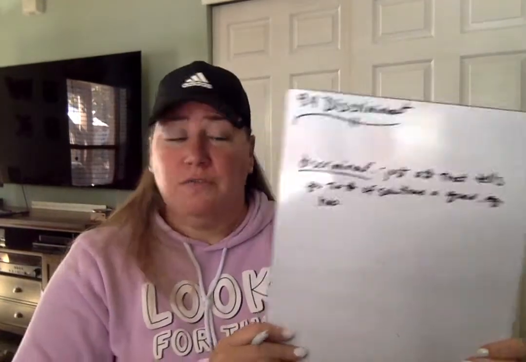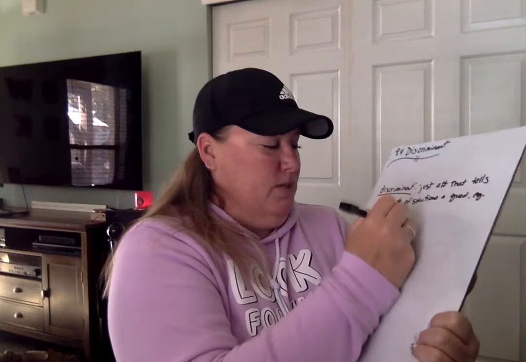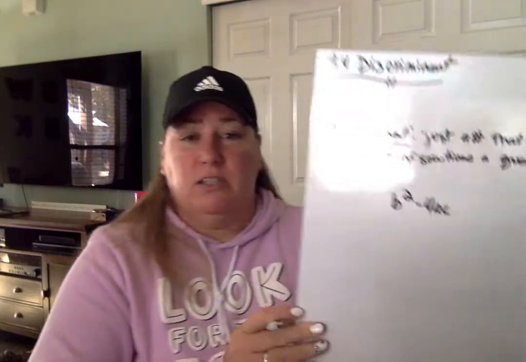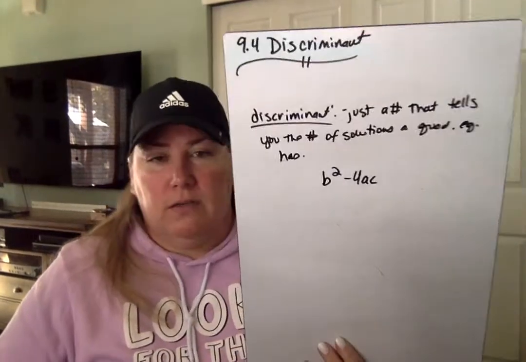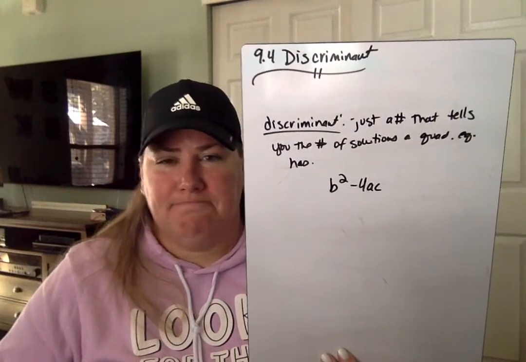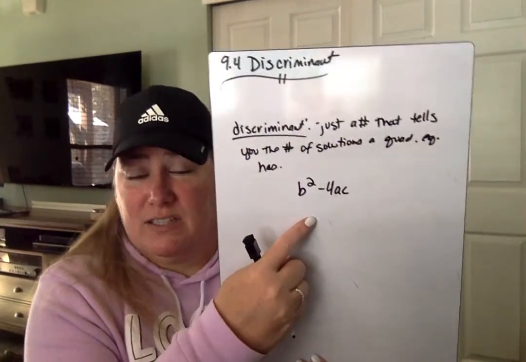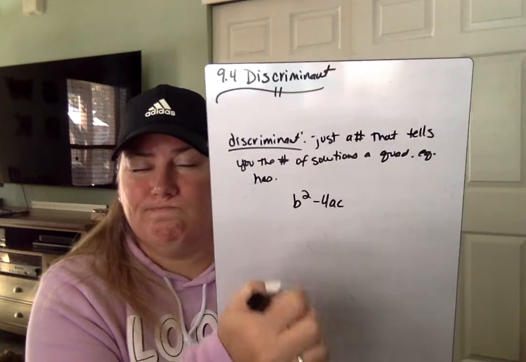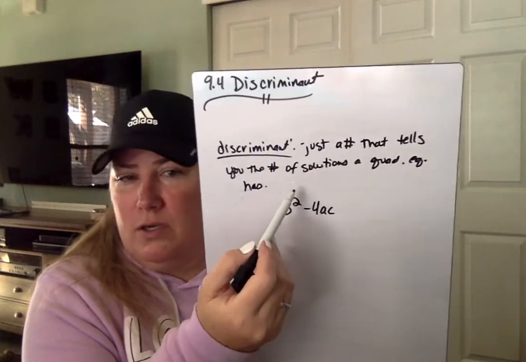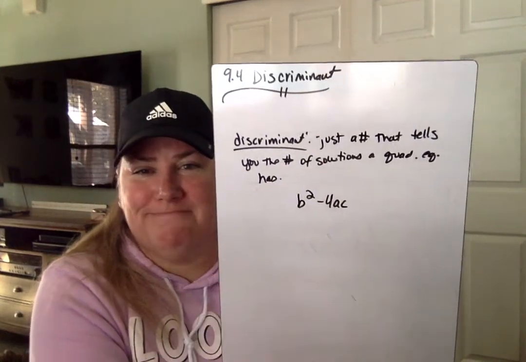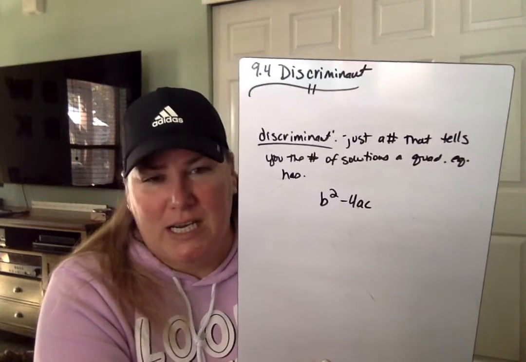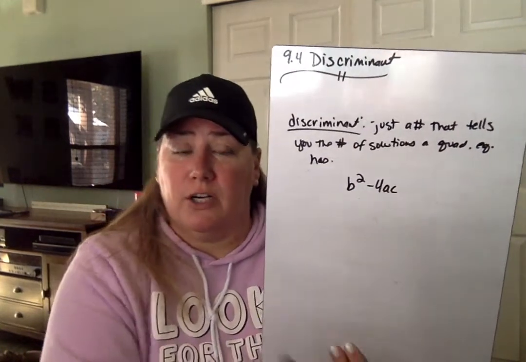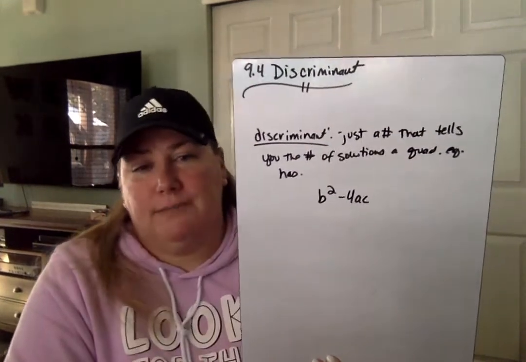Now, how to find the discriminant? B squared minus 4ac. It's a little expression you use in order to calculate that. This guy should look familiar. Think of it with the square root. So the discriminant is the expression that's found underneath your radical in the quadratic formula.